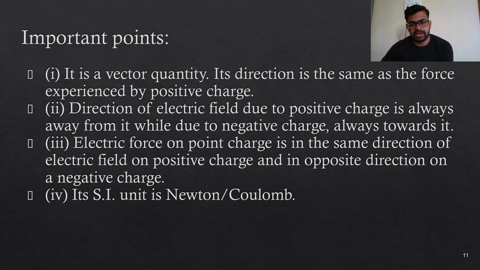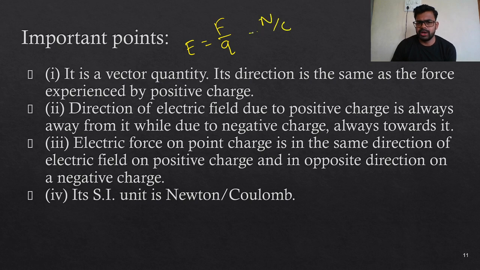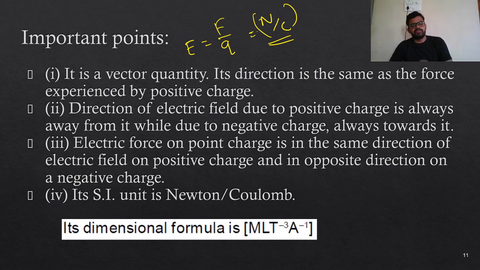Why? We know E, the electric field intensity, is F by Q. F means Newton, Q means Coulomb, so its unit will be Newton per Coulomb. Now how to find its dimensional formula? Its dimensional formula can be written as M1 L1 T minus 3 A minus 1.